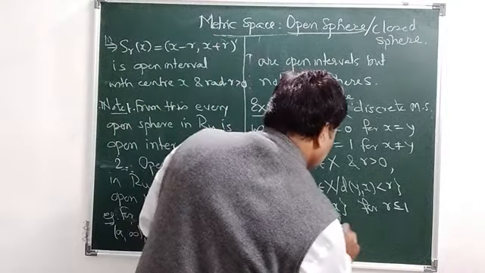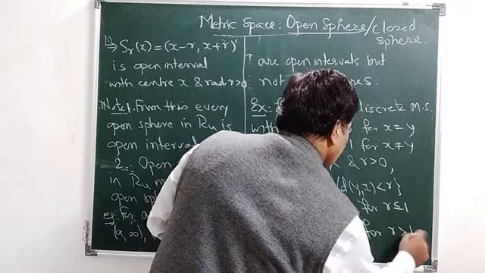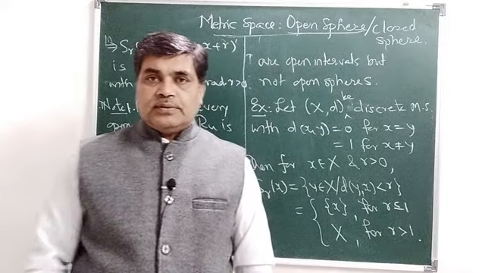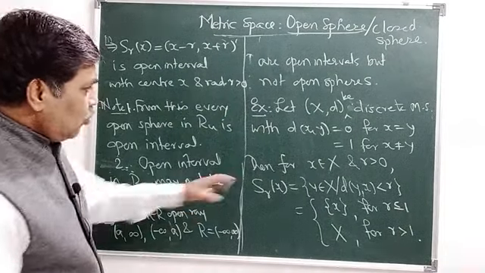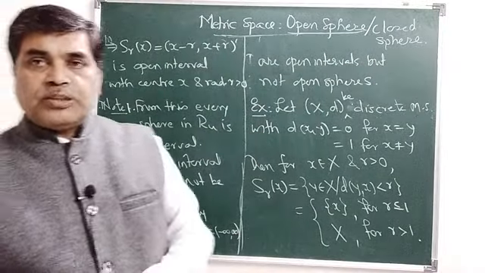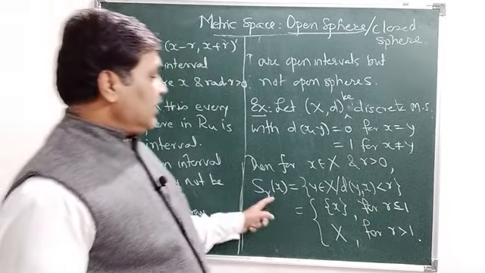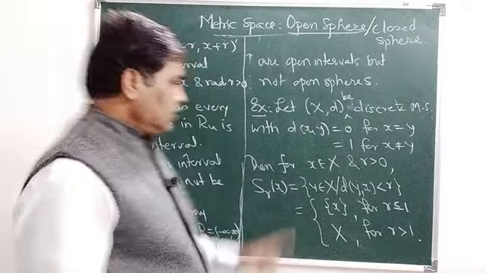So it is the whole set X for r greater than 1. Is it clear? So this is about the open sphere in (X, d). Any open sphere in (X, d) is either a singleton set or the whole set.